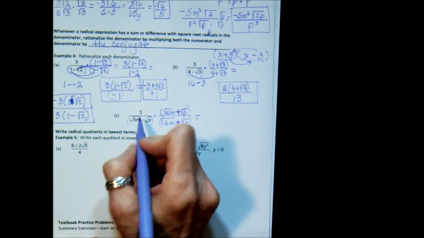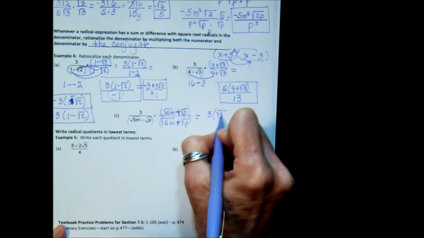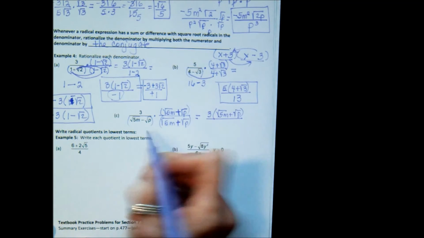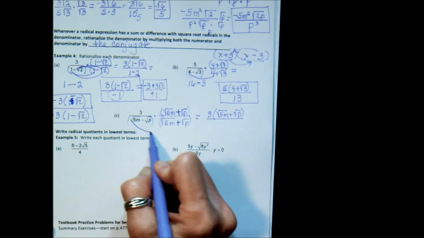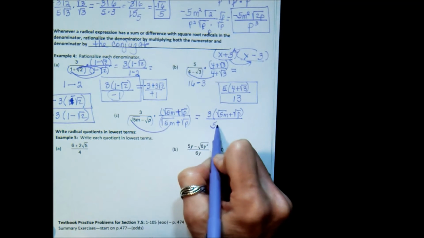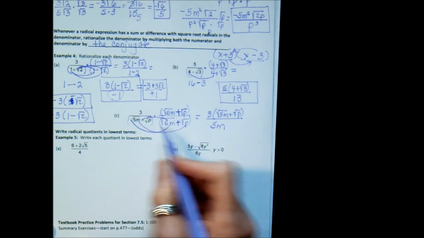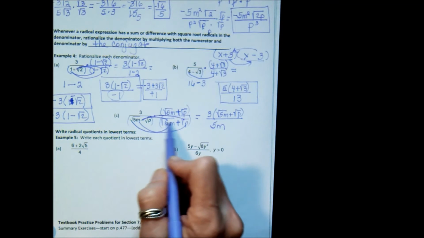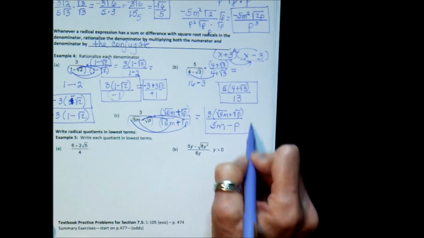In my numerator, that's going to give me a 3 distributed to square root of 5m plus square root of p over, let's see what we get when we multiply here. Square root of 5m times square root of 5m is just 5m. My outside insides make a 0, and my last term is minus square root of p squared, or just minus p. That one looked like it was going to be terrible, but it actually wasn't. It turned out to be fine.